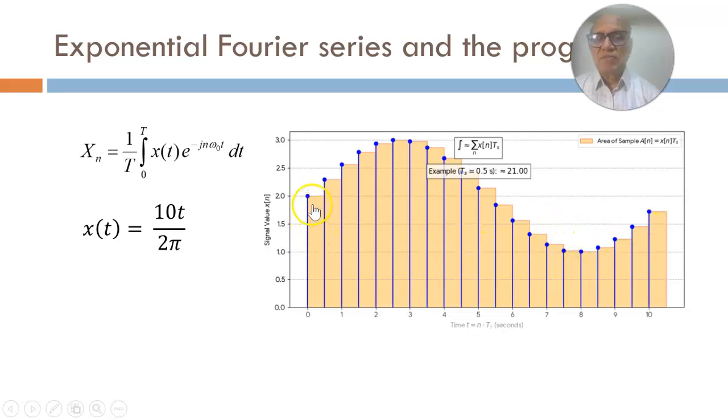If you calculate the area of each rectangle and then add all these areas, you will get your integral. But since calculation for each area involves the same sampling time period, you can first sum up all the samples and then multiply the sum by ts, and this way you can calculate the integral. So understand that the integral is going to be calculated in this fashion.